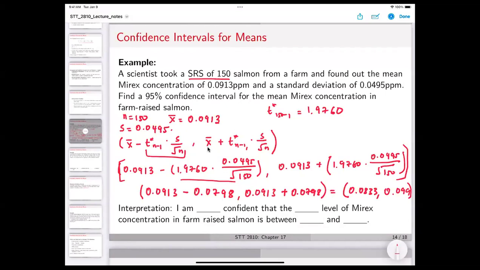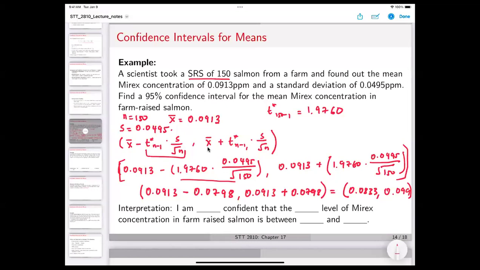Did you all get that? So the rest is just computations. It's very important that you also use your calculators to see if you are getting the same thing. That way you learn how to do it properly.